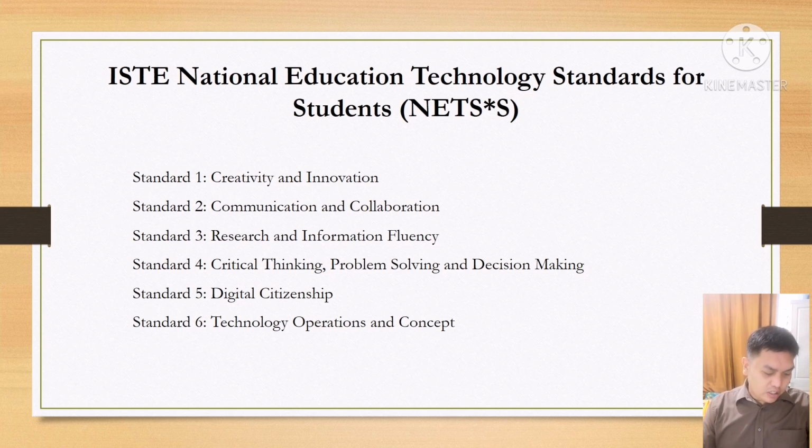So, this standard will produce students who demonstrate creative thinking, construct knowledge, develop innovative products and processes using technology from existing knowledge. Number 2, communication and collaboration. So, they should be able to communicate and collaborate with classmates or peers by using technologies.